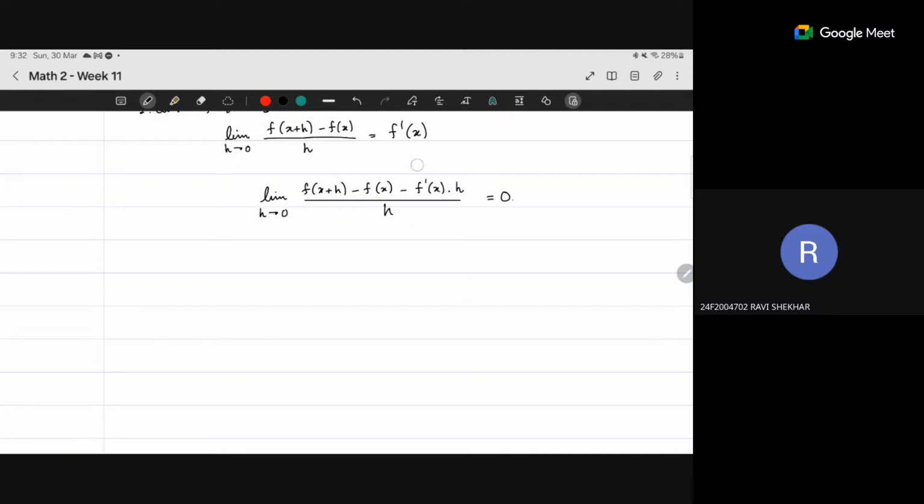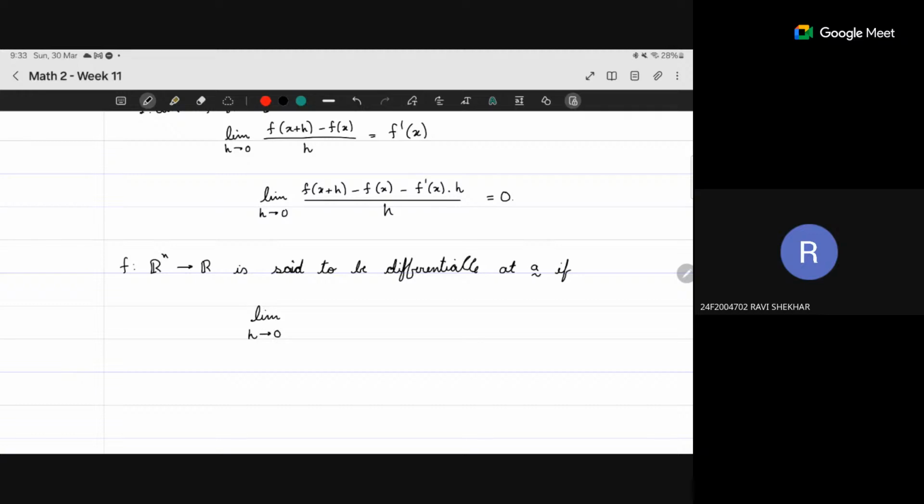So the correct formulation in higher dimensions is: f from R^n to R is said to be differentiable at, let's say, a point a if the limit as h goes to 0. Now this h is not a scalar.